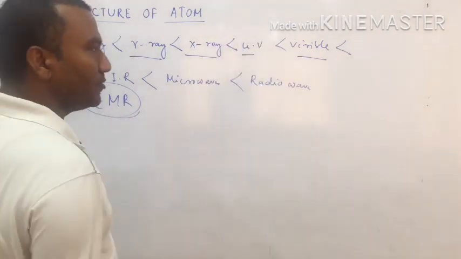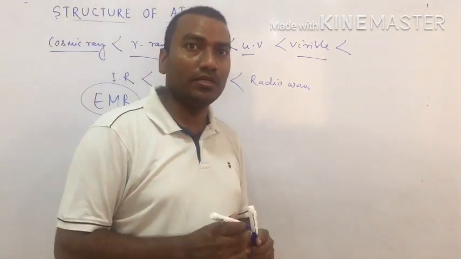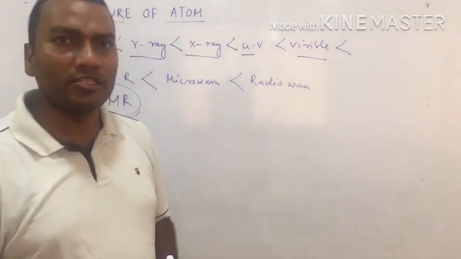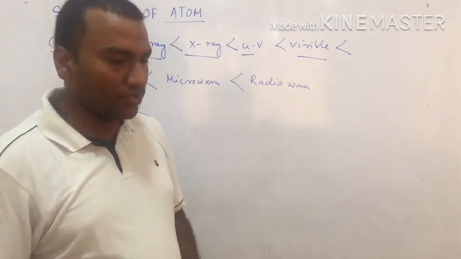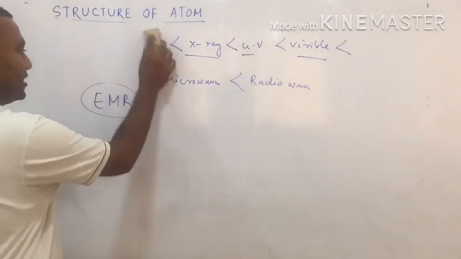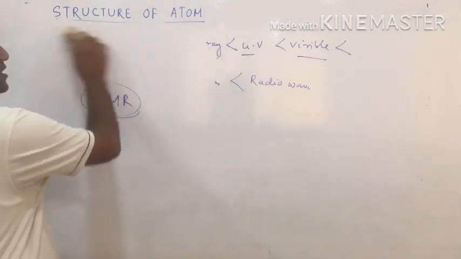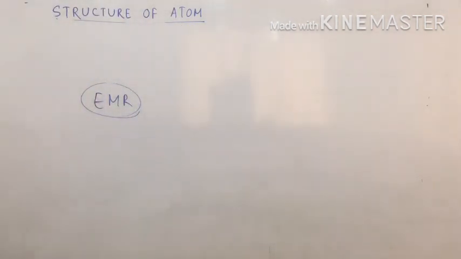These are the different types of radiations discovered so far. Always remember, every substance has some radiations. These radiations are known as electromagnetic radiation, and the series is known as the electromagnetic spectrum. Clear now?